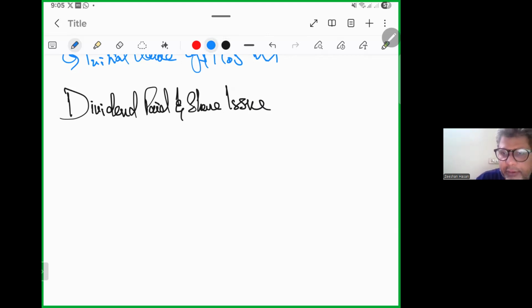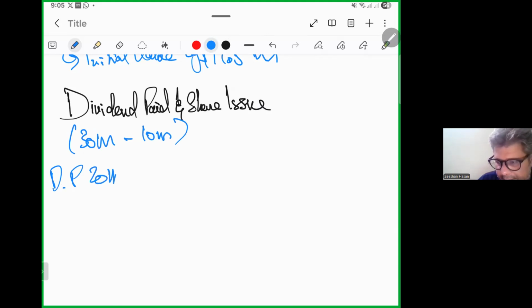So the dividend was paid prior to the share issue and is therefore calculated based on 20 million shares, right? So that means 30 million minus 10 million, right? And dividend paid, 20 million at 20 cents, we get 4,000.